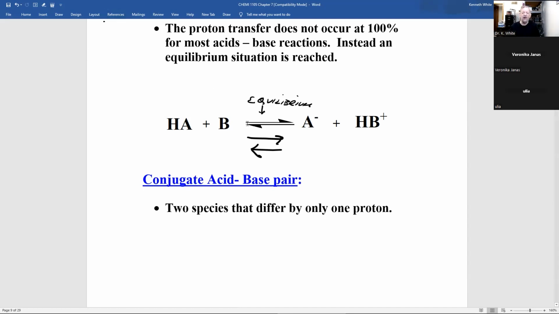Now, it's shown by this double-headed arrow, the fancier one my software does. And if we look at this, I'm going to rewrite this on my whiteboard so I can have some more room.